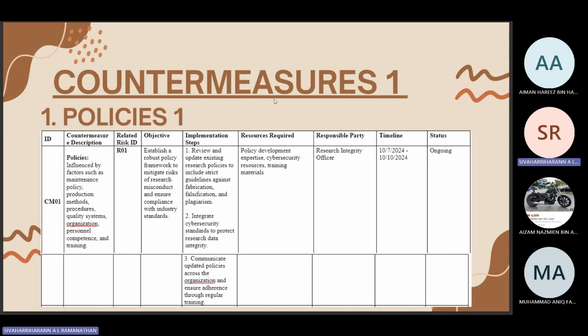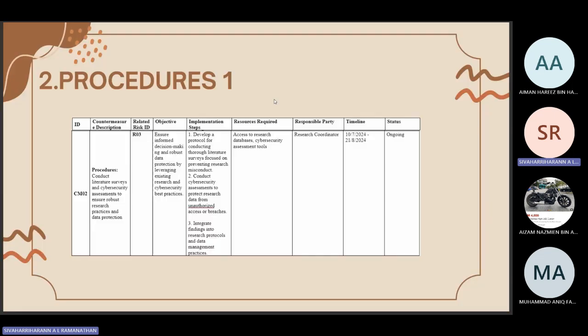So the resources required are policy development expertise, cybersecurity resources, training materials. Responsible party is the research integrity officer. Timeline is 10 July 2024 until 10 October 2024. Status is ongoing.